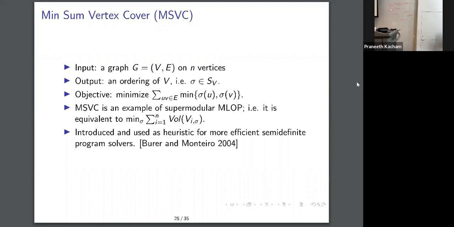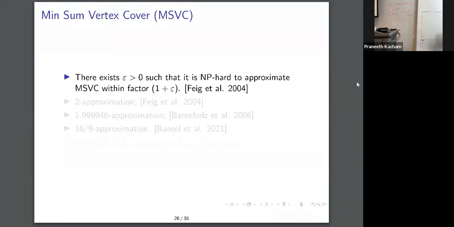And if instead of edges, we have hyperedges, I mean subsets of size potentially larger than 2, it's going to be minimum sum set cover. And if instead of this min, we are taking the max, it's going to be minimum latency vertex cover.